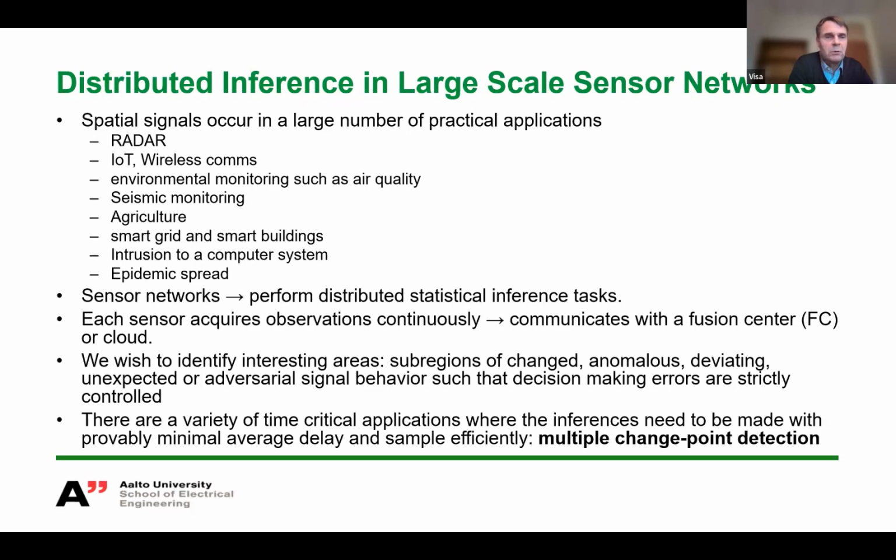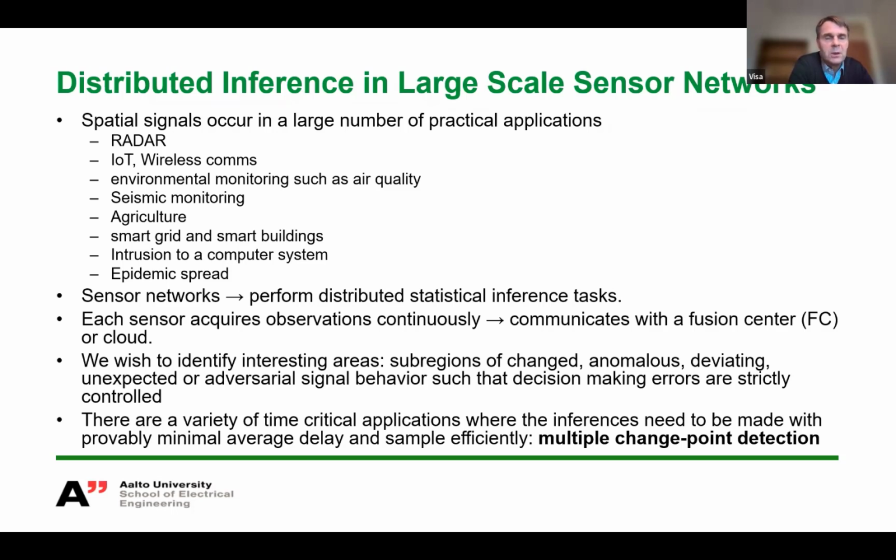Also seismic monitoring, and agricultural fields: you could monitor the state of the agricultural fields using large-scale sensor networks. Then many cyber-physical systems, our infrastructure in society, like smart grids, smart buildings, and so on, are packed with sensors that monitor the state of these systems.